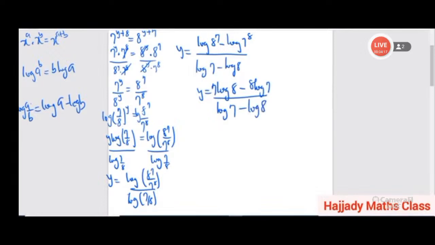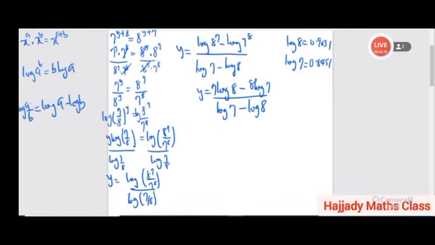Using our calculator, log 8 is the same thing as 0.9031, and log 7 equals 0.8451.